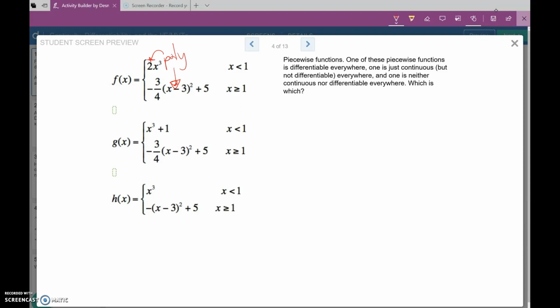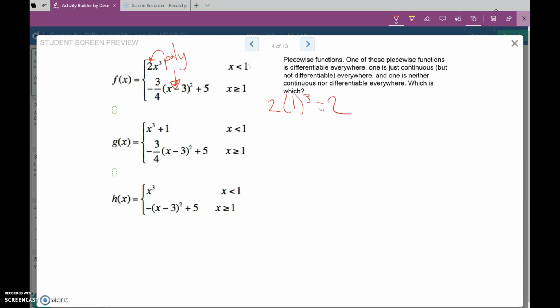The only place we need to be worried about where this function may not be continuous is at x equals 1, because that's when the functions are going to switch over, and that's the only place where we might have a gap. So I am going to plug in 1 into both pieces and see if I get the same y value out. 2 times 1 cubed is 2.